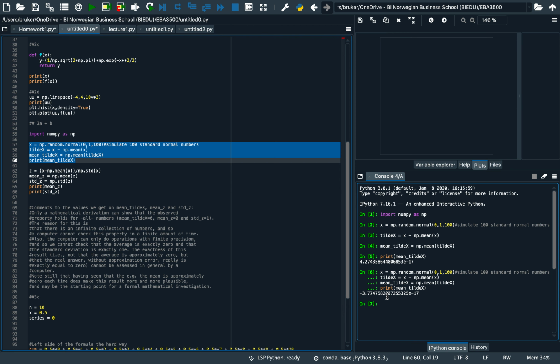The problem using the machine is that when it draws numbers from the standard normal distribution, it has to round off the numbers before it calculates the mean, and then we will have some problem with numerical precision, but as we see, it's almost 0 anyway.